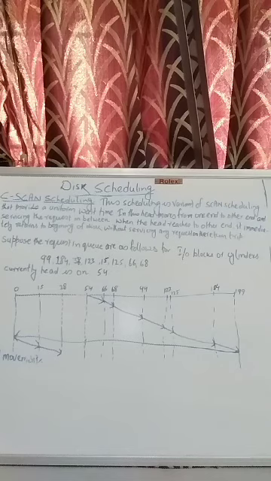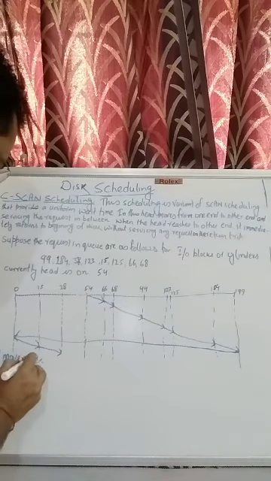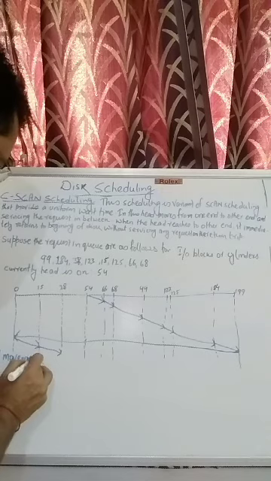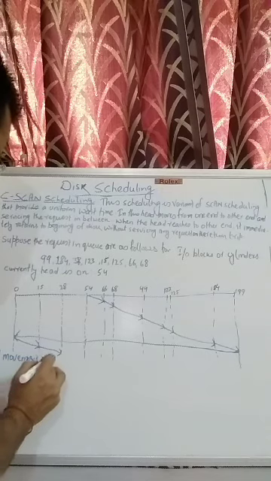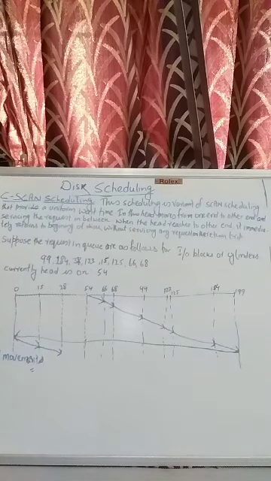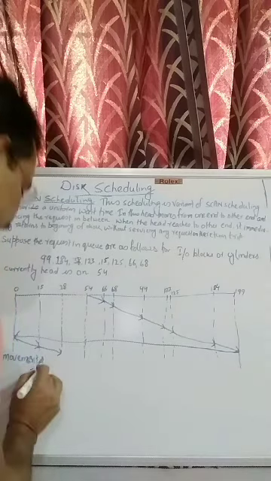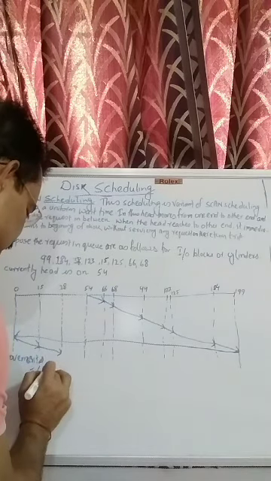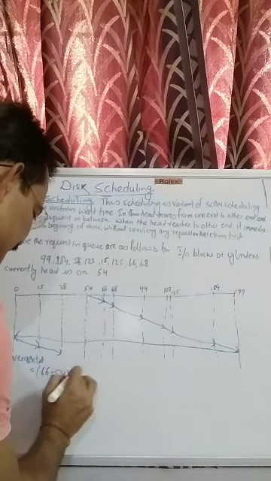So in this case, the head movement is 66 minus 54.